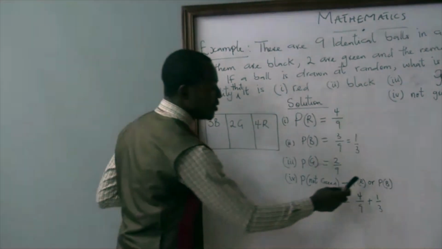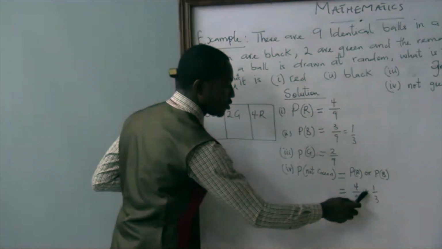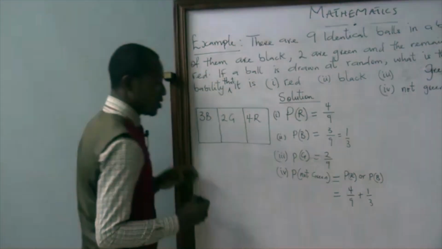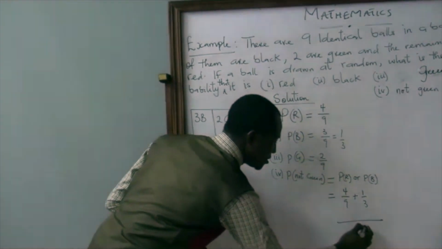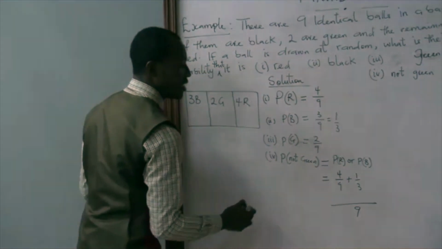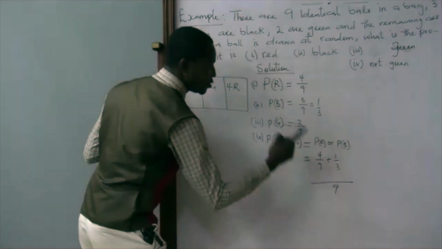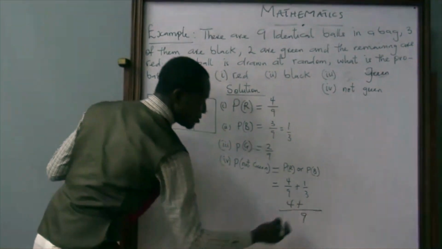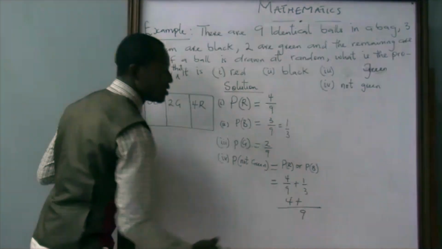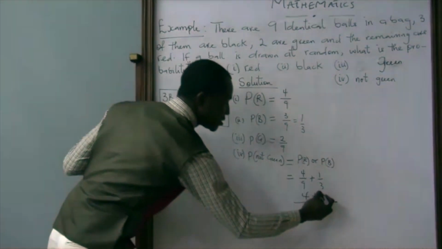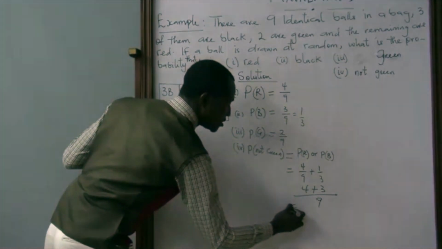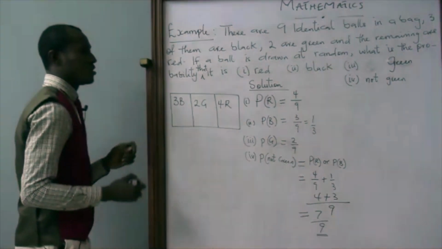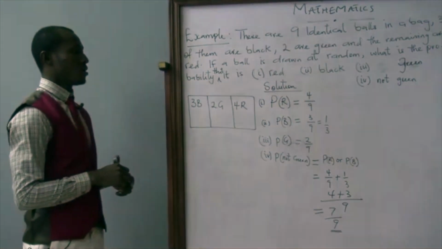So here, the probability of picking a red ball is 4 over 9 plus the probability of picking a black ball, which is 1 divided by 3. If we simplify that, 9 is the LCM. 9 out of 9 is 1, times 4 is 4, plus 3 in 9 is 3, 3 times 1 is 3. So the answer is 7 divided by 9. That's the probability of not picking a green ball.